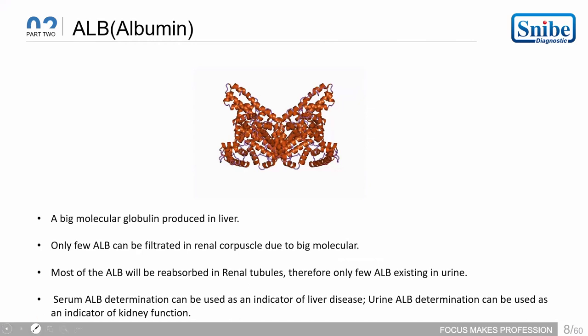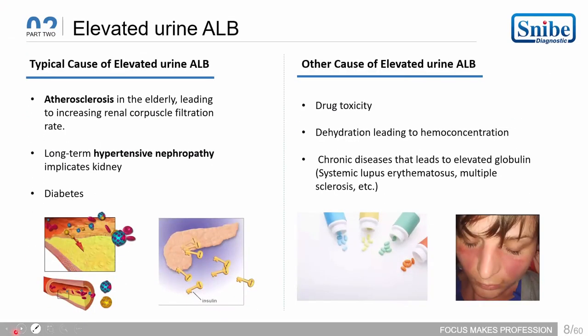So if we talk about elevated urine albumin levels, the typical cause of elevated urine albumin is atherosclerosis in adult patients, leading to increased renal corpuscle filtration rate, and long-term hypertensive nephropathy implicates the kidney. And diabetes is also one of the causes of elevated urine albumin, albuminuria, because of the nephropathy.